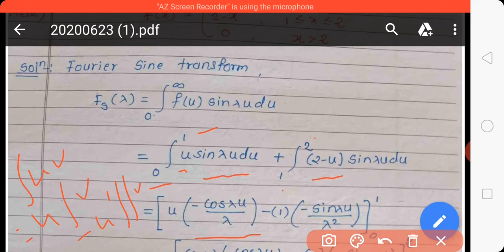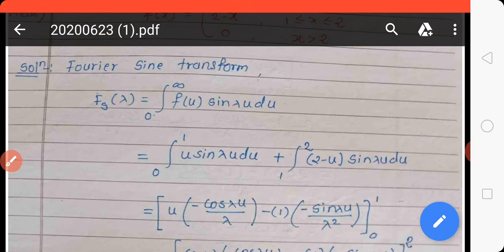Then we take minus sign into the derivative of u into the double integration of sine lambda u. The derivative of u is 1 and the double integration is minus sine lambda u upon lambda square. And we put the limits from 0 to 1.